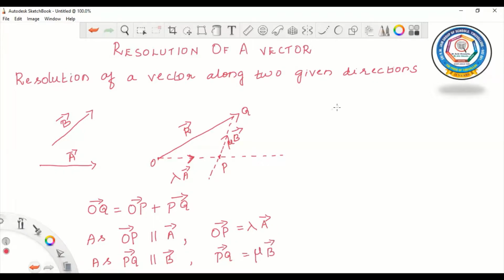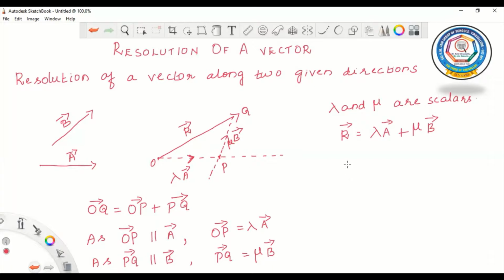So here lambda and mu are scalars. Hence, we can write that R vector is equal to lambda A vector plus mu B vector. Thus, the vector R has been resolved in the directions of A vector and B vector.